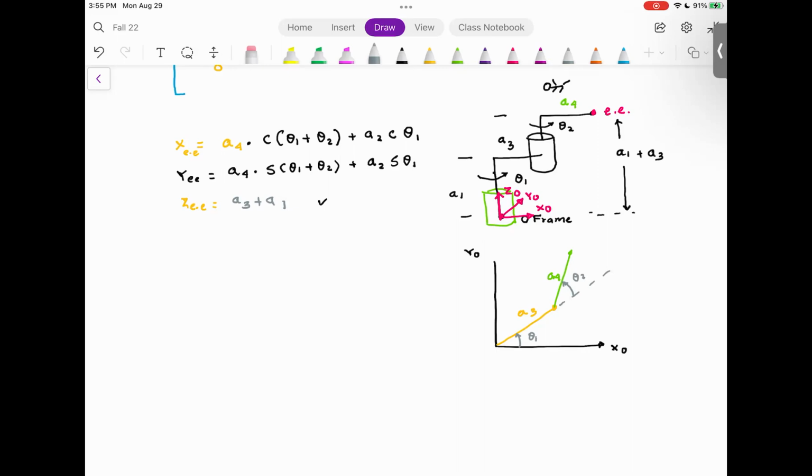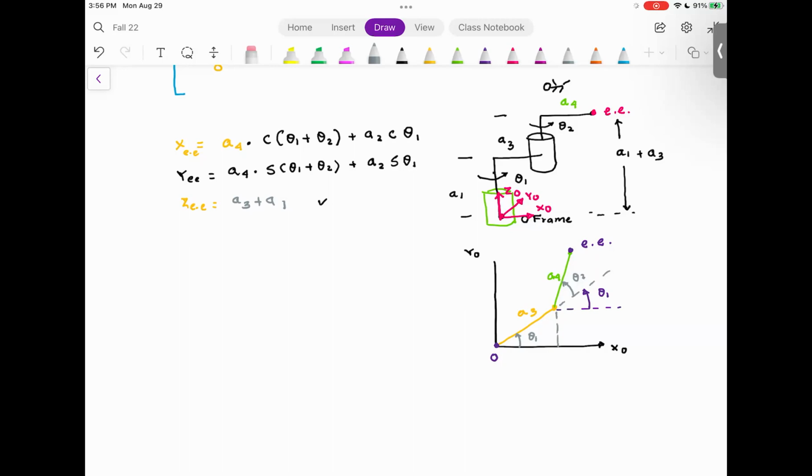So what I want to do is, this is the end effector, and I want to find the end effector position from the zeroth coordinate frame. I'm going to take projections. So this is going to be theta 1.